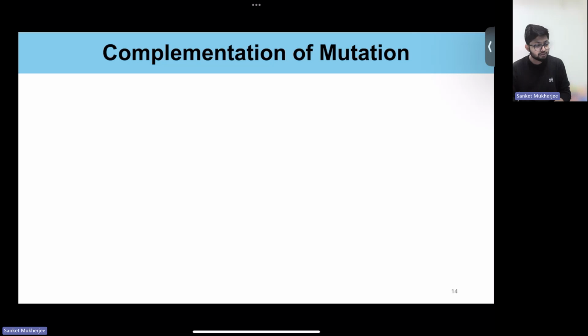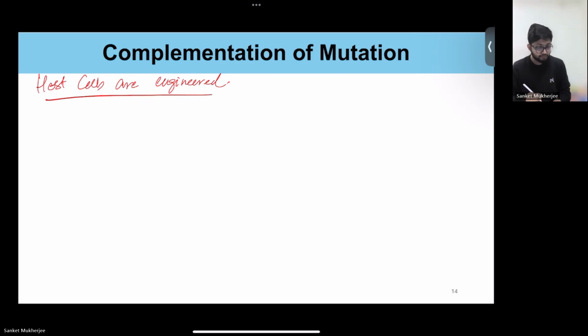Now, another thing is complementation of mutation. So in this case, the host cells are engineered in a way where the missing gene of the host is present in the plasmid.